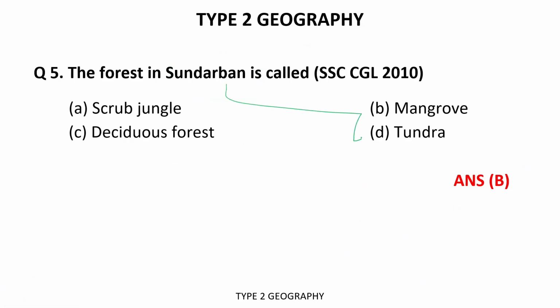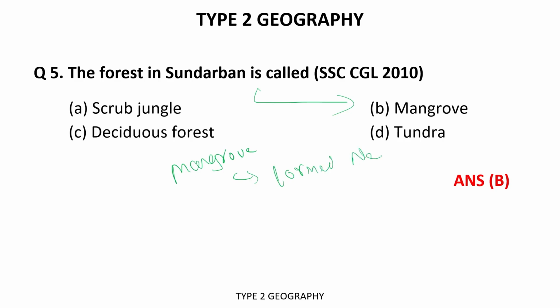Now, Sundarban is called the mangrove forest. Mangrove forests are formed near areas where salt and fresh water mix.